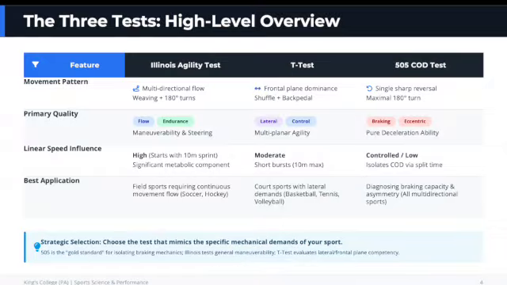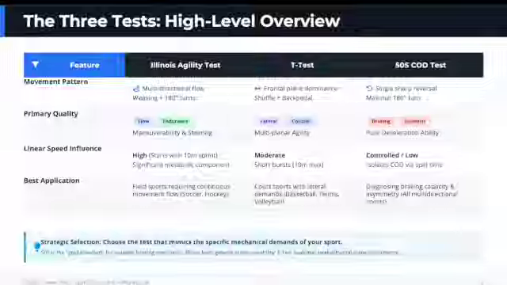The 505 change of direction test is a single sharp reversal, a maximal 180 degree turn. The primary quality of the Illinois agility test is flow and endurance, the T test is lateral control, and the 505 is braking and eccentric strength. The rest of the components, we're going to see them inside each test.